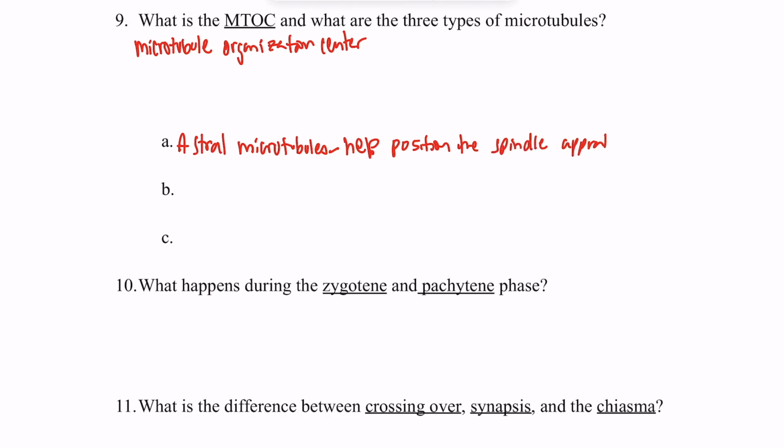Spindle apparatus kind of encompasses the centrioles and the kinetochores that attach to the centromeres. That's the broad view, we call it the spindle apparatus. And then our second one is going to be our polar microtubules. So our polar microtubules help push the poles away from each other.